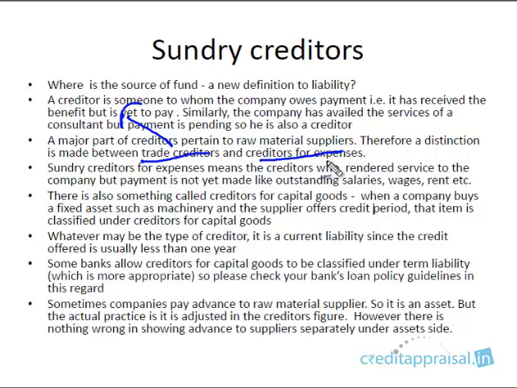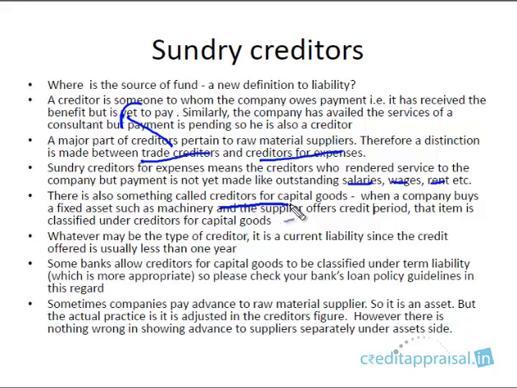These are creditors for expenses. The company can have pending payments to be made to some other miscellaneous suppliers. So those are different. Raw material suppliers, the key creditors, are classified as trade creditors. All your salaries, wages, rent, any pending payments, you can classify as creditors for expenses.